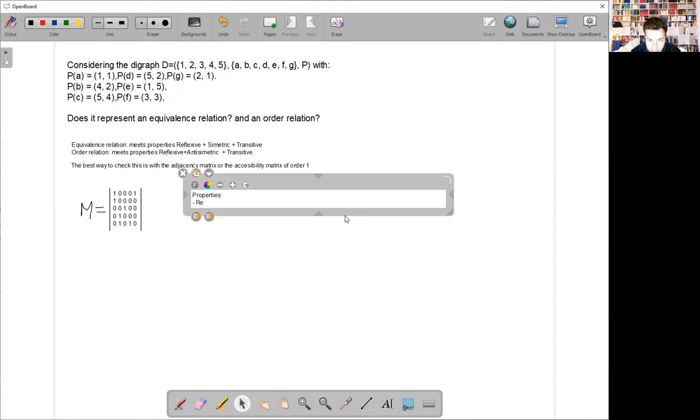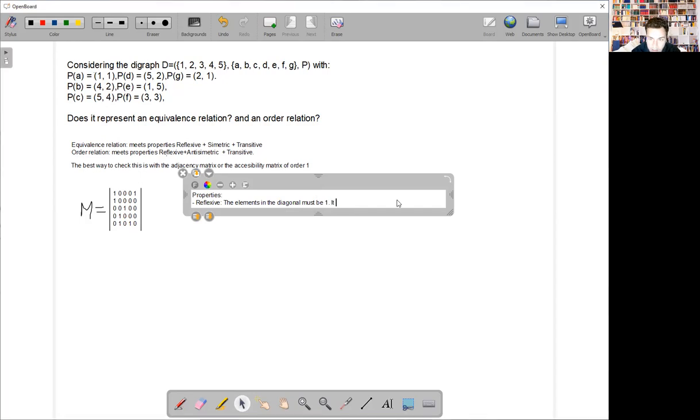Okay, so the reflexive property means that every node must be linked to itself. And in the matrix, this translates to having ones in the diagonal, right? The elements in the diagonal must be 1.